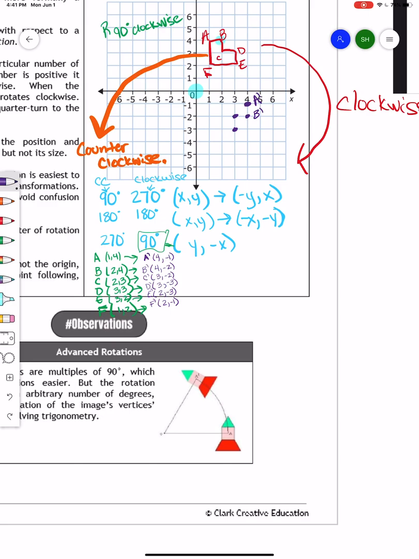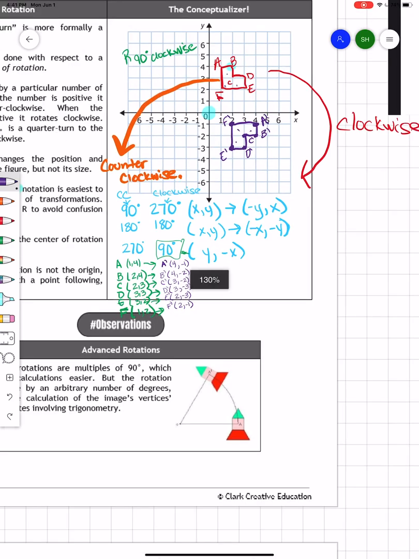E prime is 2, -3. And then F prime is 2, -1. So as you can see, my shape is still 1, 2, 3 boxes large in size. Same as my original. The only thing that's happened is it's been rotated.